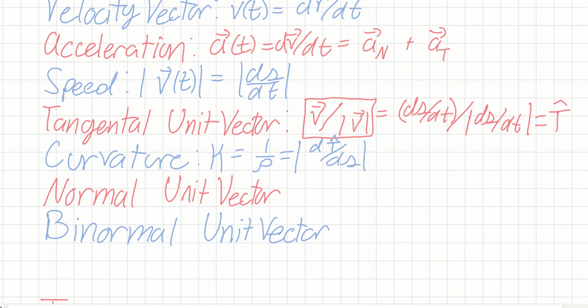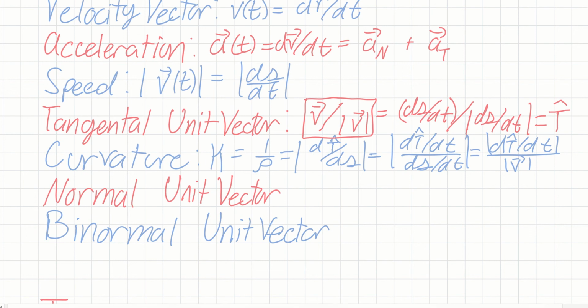This is where I was talking about the ds thing. So now we need to break this up into two more. It's going to be the magnitude of dT hat/dt all over ds/dt. That's your curvature. And you can pretty much just say this is dT hat/dt all over the magnitude of velocity. That's another way to denote it.